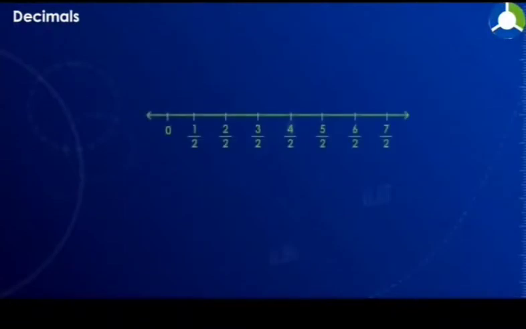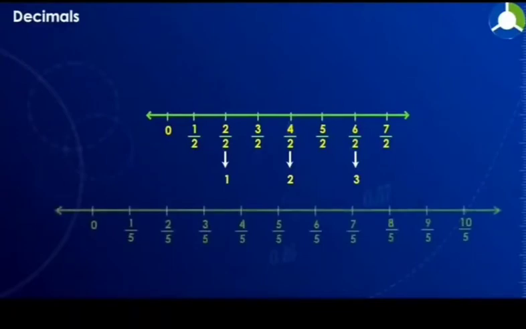So children, look at the diagram. The points we marked are 0, 1 by 2, 2 by 2 which is equal to 1, 3 by 2, 4 by 2 which is equal to 2, 5 by 2, 6 by 2 which is equal to 3, and 7 by 2, and so on.